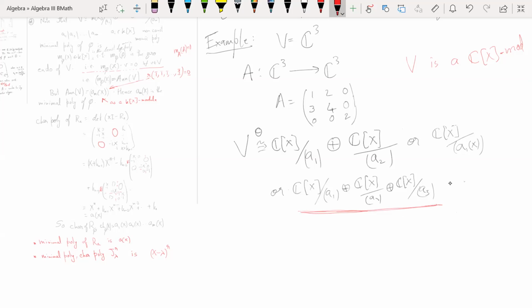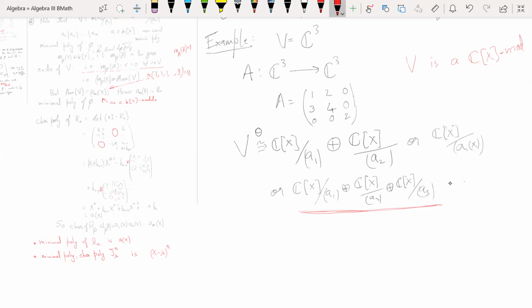It depends upon the degrees of the a_i. The degree of a1 is going to be less than or equal to the degree of a2, and so on, and they all have to be such that the dimensions add up to 3. If it is this, then all these a_i must have the same degree.